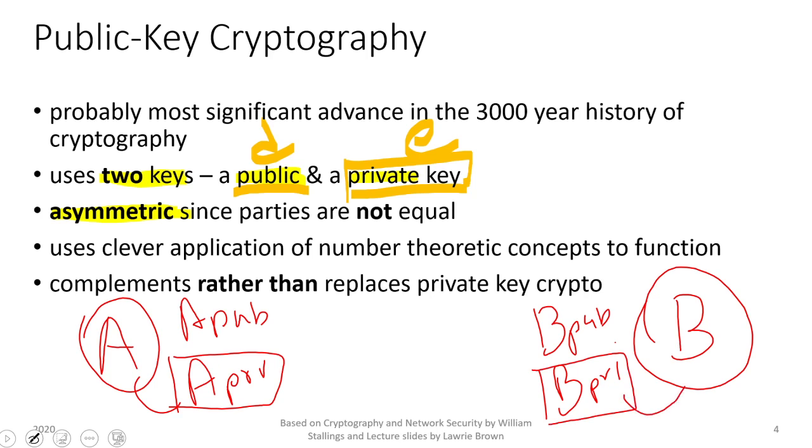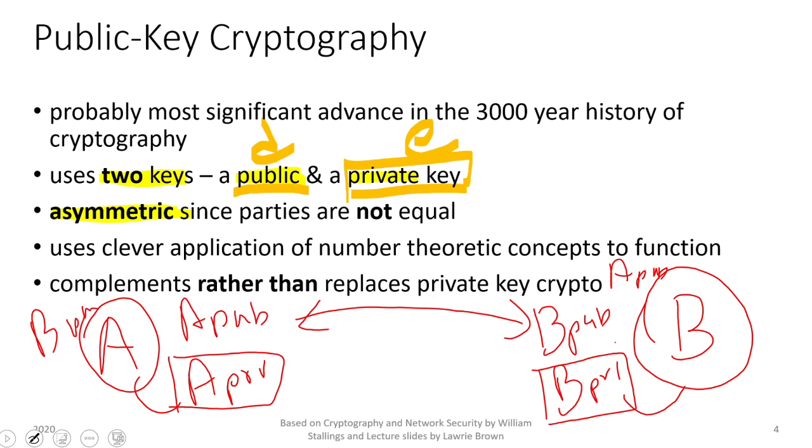So the private key will be only available to them. But the public keys can be exchanged. So B will also have access to A's public key. A will also have B's public key.